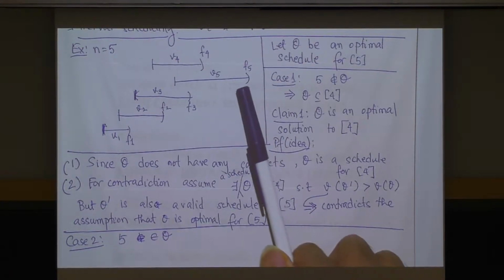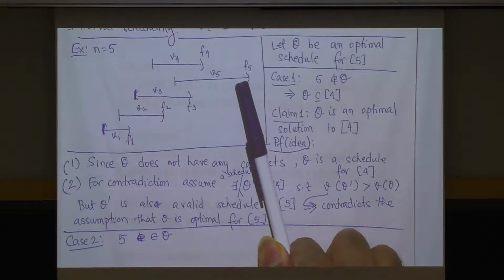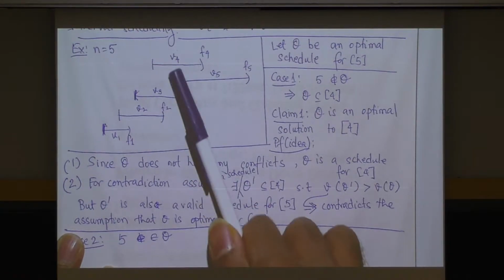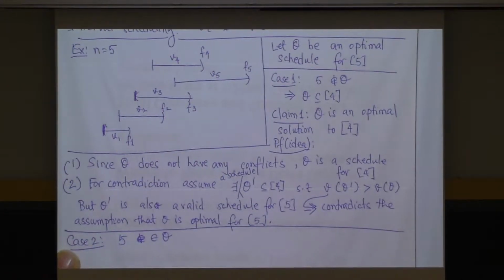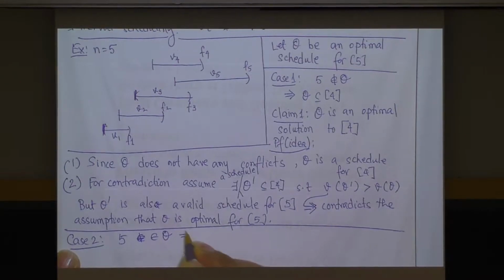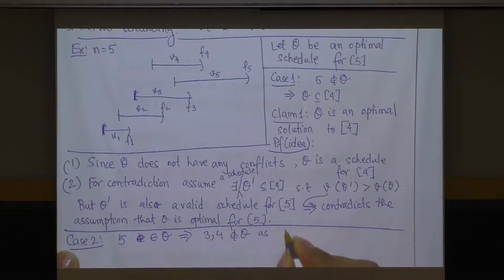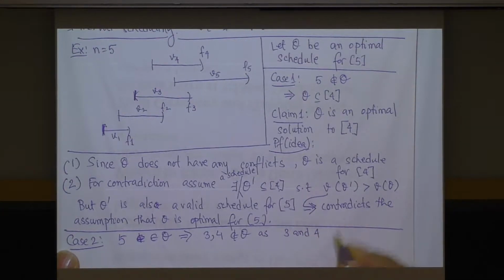Okay. So if I pick 5, which 2 intervals do you know for sure cannot be in the optimal solution? 3 and 4, right. So if 5 is in the optimal solution, it conflicts with 3 and 4, and they cannot be in the optimal solution. So that implies 3 and 4 are not in the optimal solution, as 3 and 4 conflict with 5.